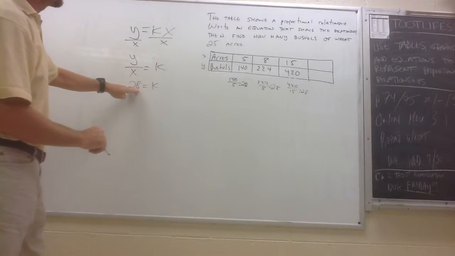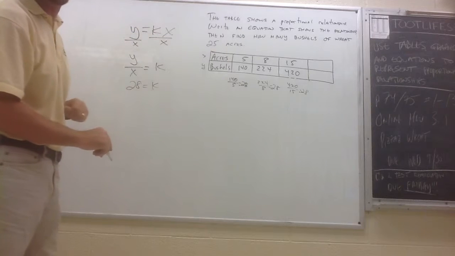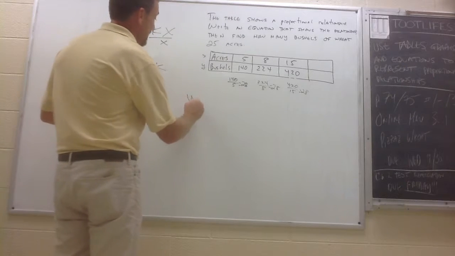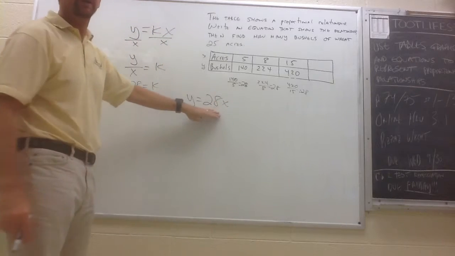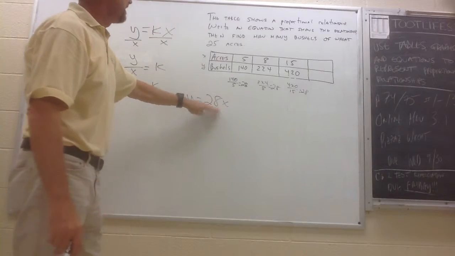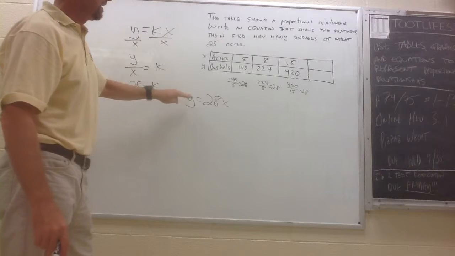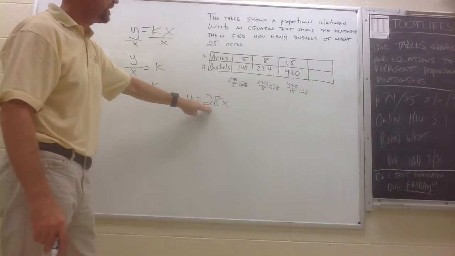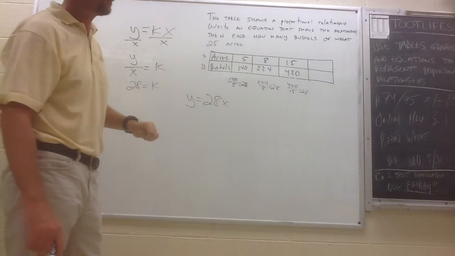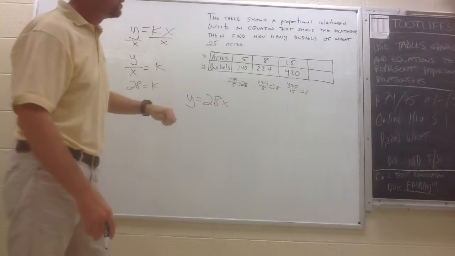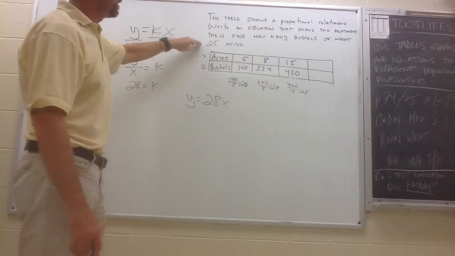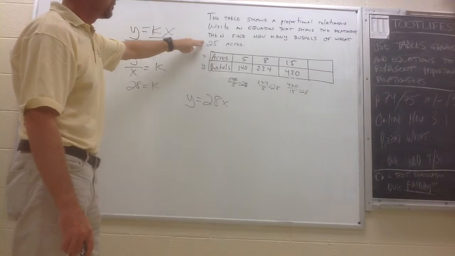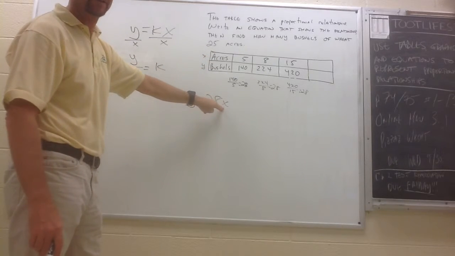So we're going to take this 28 and plug it into y equals kx. And the equation we're looking for is y equals 28x. This means that the number of bushels we get is always going to be 28 per acre. Well, now that we know that, we can figure out how many bushels of wheat we get out of 25 acres by plugging in a 25 for the x.